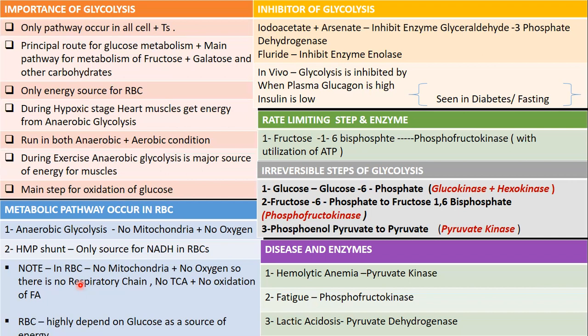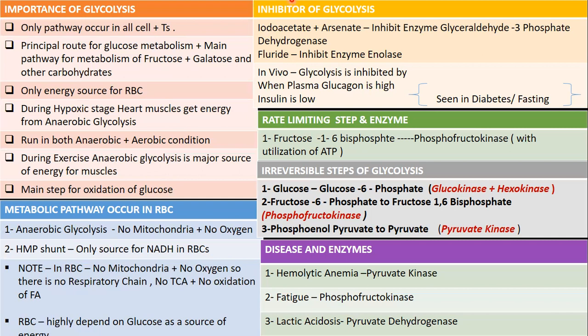Second point which we need to remember is that glycolysis in RBCs produces 2,3-bisphosphoglycerate, which binds to hemoglobin and decreases its affinity for oxygen, so making oxygen more readily available to tissues. That's why we use the pathway known as glycolysis. When we talk about the hemoglobin oxygen curve, we will come to know. But till now, you need to know that in RBCs, anaerobic glycolysis plays an important role.